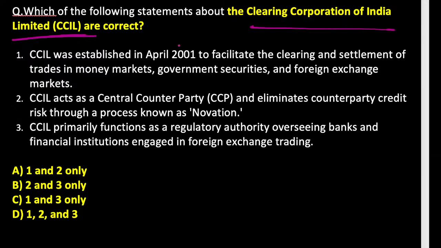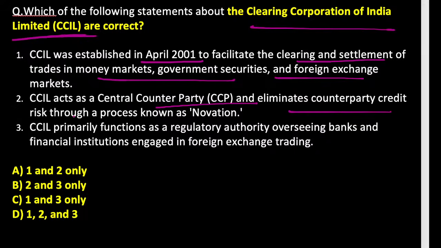CCIL was established in April 2001 to facilitate clearing and settlement of trades in the money market, government securities and foreign exchange market. CCIL acts as a central counterparty and eliminates counterparty credit risk through the process known as novation. CCIL primarily functions as a regulatory authority overseeing banks.